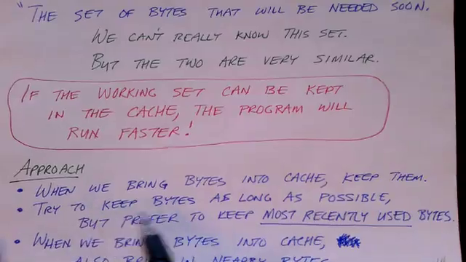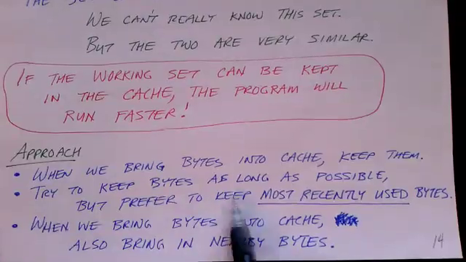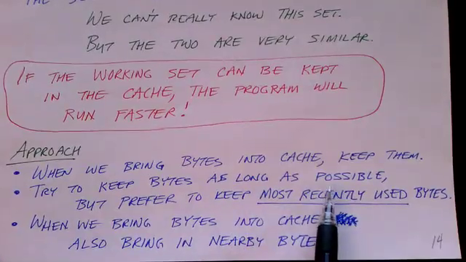So when we bring bytes into the cache, we try to keep them as long as possible, of course, but the cache has limited memory, so occasionally we have to evict some bytes, but we prefer to keep the most recently used bytes in the cache.